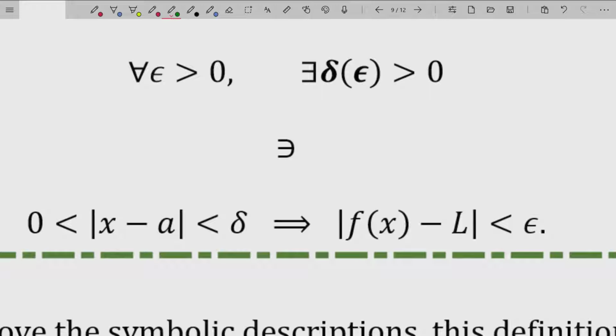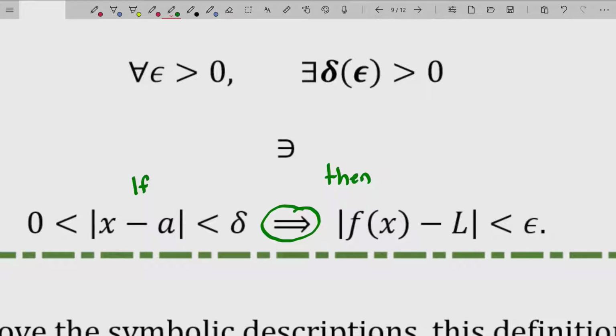So most theorems, and this is not a theorem, this is a definition, but we can think of it in a very similar way to a theorem. Most theorems have the if-then structure. When you see mathematics written symbolically, the stuff before the implication sign is usually the if. The stuff after the implication sign is the then.